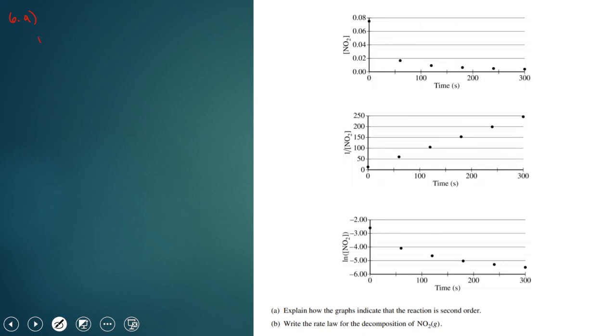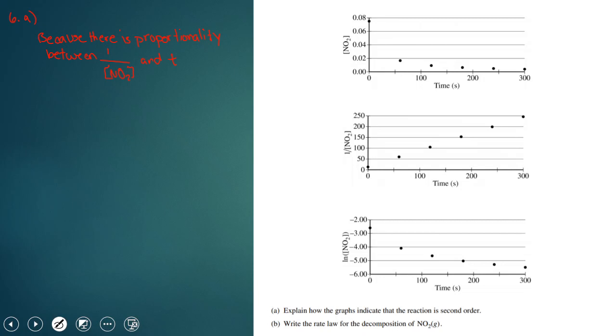So we say that there is proportionality between 1 over the concentration of NO2 and time.